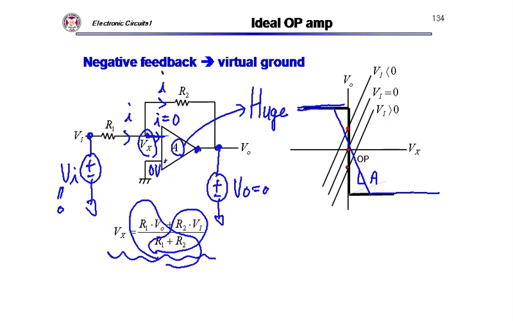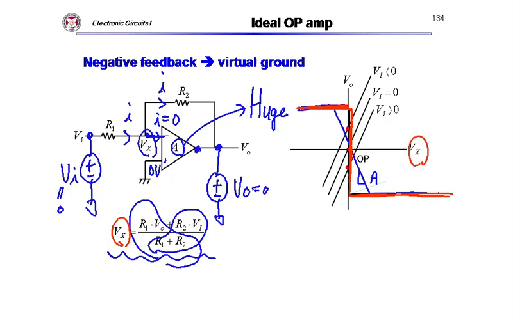So I assume A equals infinite. Then my op-amp characteristic looks like that. Because of the supply voltage, it's limited, right? This is the supply voltage limit. The gain is infinite here. That's the op-amp characteristic. How about the R1, R2 characteristic?